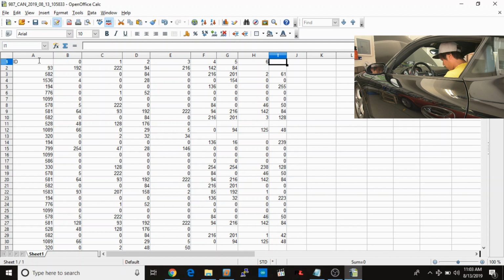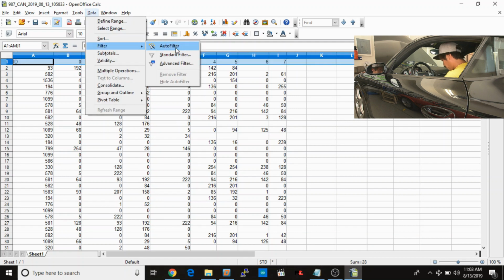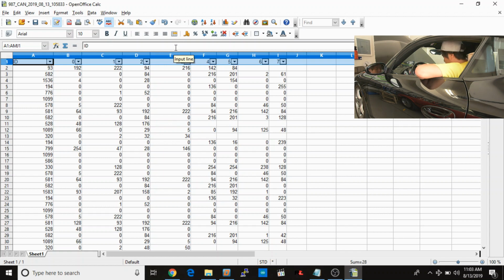Then I'm going to filter this. Okay, so here comes the tough part. Let's see how many IDs we have to look at. Quite a bit. And there's like, what, 20 here, give or take?